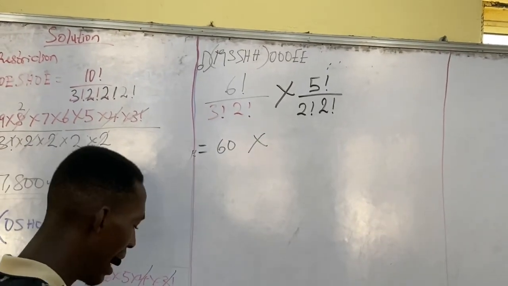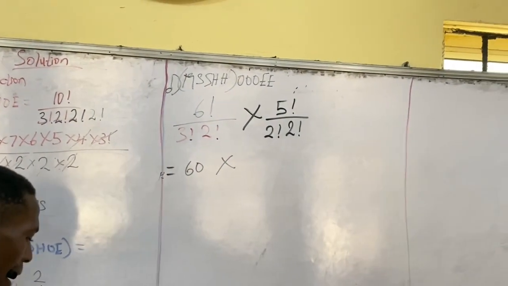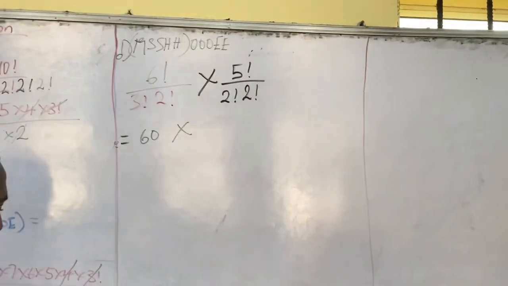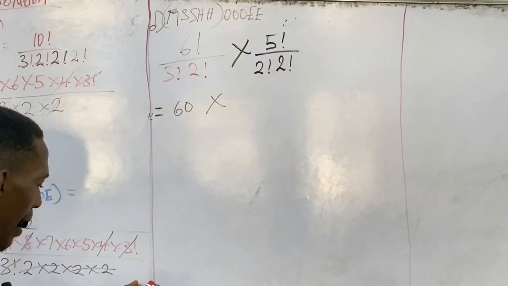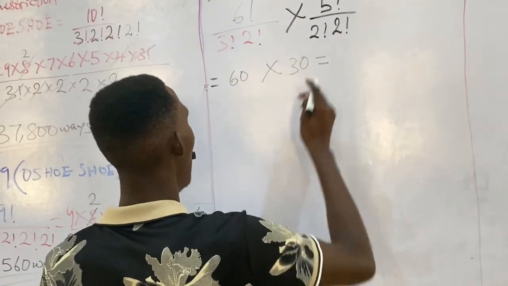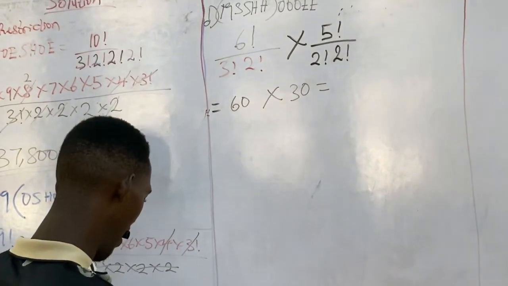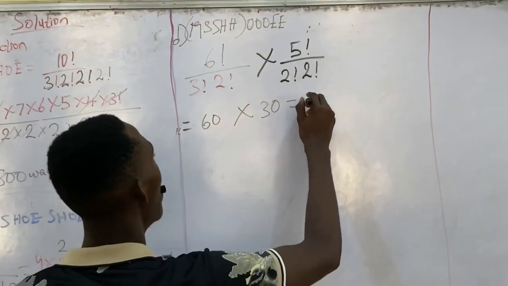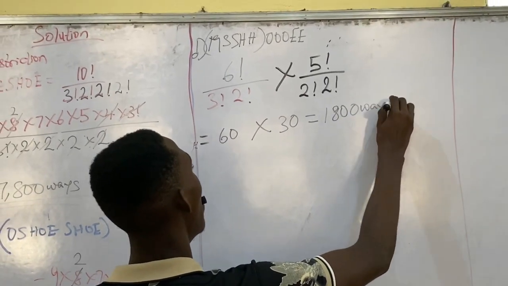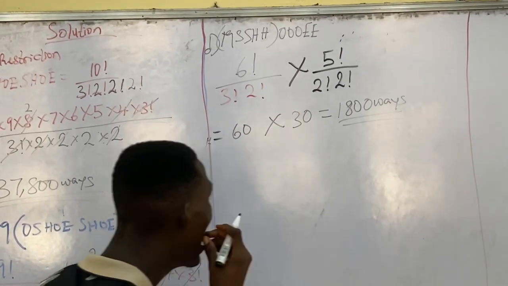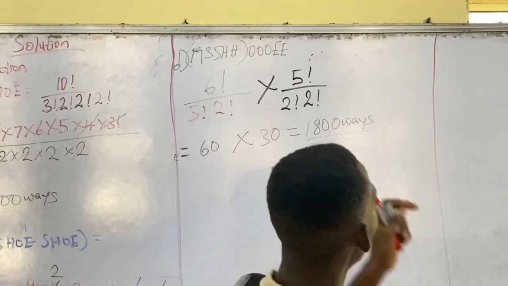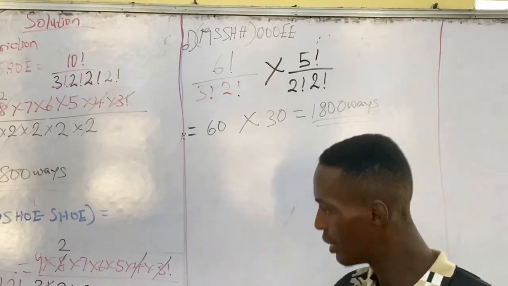Fine. So it will still give us 1800 ways.